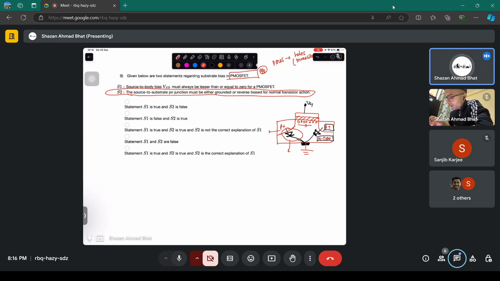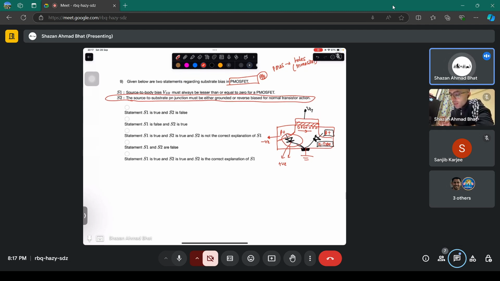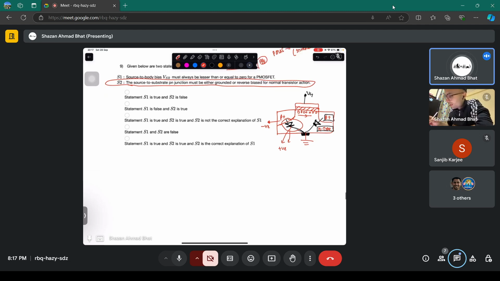When the P side will be connected to, let's say, a negative potential or lower potential, and this side will be connected to a higher potential. That is the only scenario it will be reverse biased. So we have to maintain that in order to make sure that this is a reverse biased transistor. So source to body bias must be always lesser than or equal to 0. That means this source to body bias, this particular, let's show it like this.